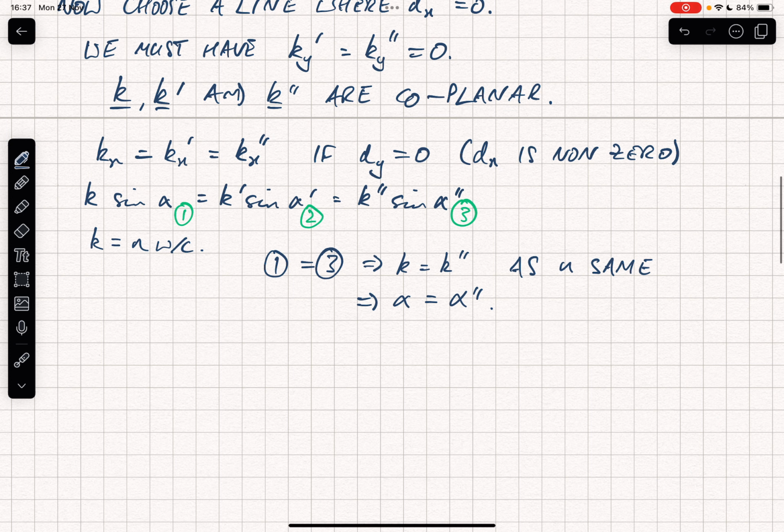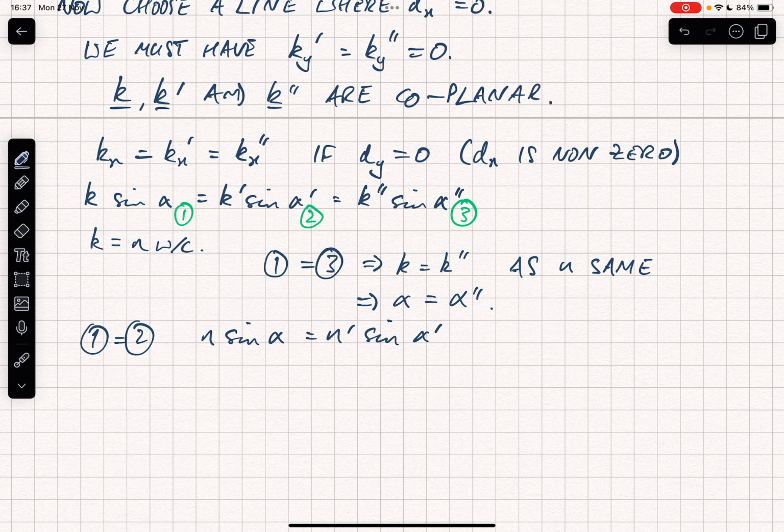And then finally, by equating 1 and 2, we can deduce the following. We can deduce that n sine alpha is equal to n prime sine alpha prime. And that is the third law of optics. It's often referred to as Snell's law, though it was known a long time before that. Certainly around about 1000 AD, Alhazen and others were looking at this kind of optical property and deducing these kinds of behaviours.